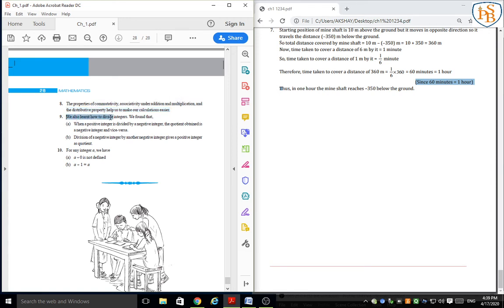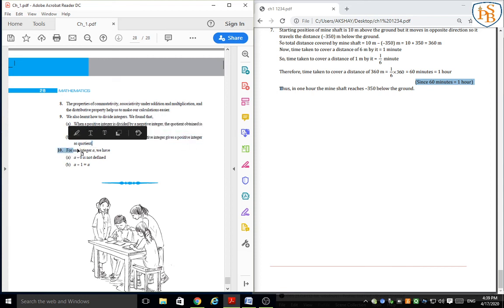We also learn how to divide integers. We found that when a positive integer is divided by a negative integer, the quotient obtained is a negative integer and vice versa. The division of a negative integer by another negative integer gives a positive integer as a quotient.